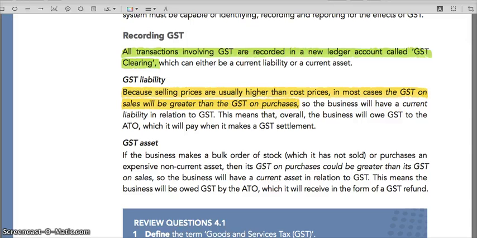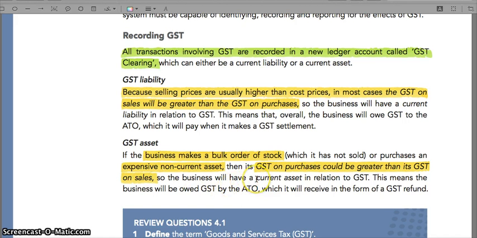There may be some cases, however, where, for example, a business has made a bulk order of stock, or we've purchased a really expensive non-current asset, for example, a piece of equipment. The GST on purchases will be greater than the GST on sales.